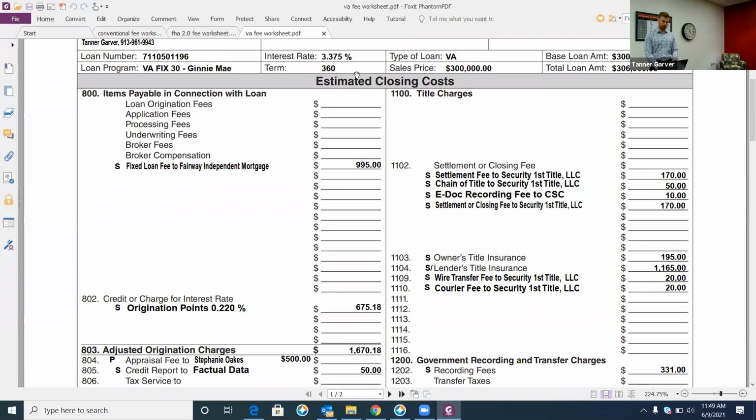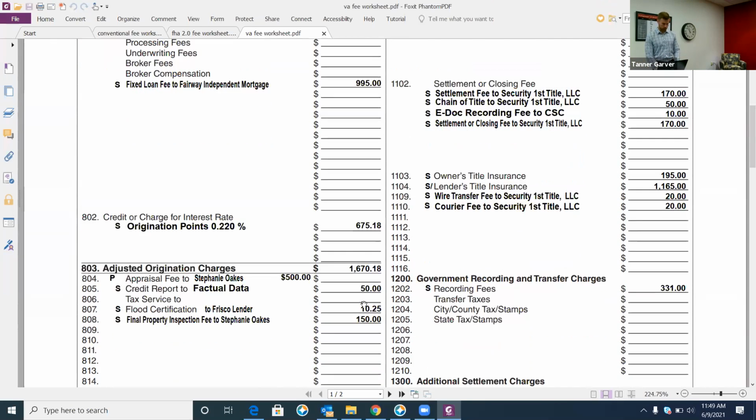His rate was at 3.49, and he bought it down to 3.375. Does that make sense? You can buy down an interest rate, it just costs you a percentage of your loan amount. I explain that to your buyers. It's a pretty complicated formula, but it's up to them how much they want to buy down, which is called a discount point. So that's exactly what he did here. That's why you see the 675 charge. Once again, you don't have to do that. He chose to do that.